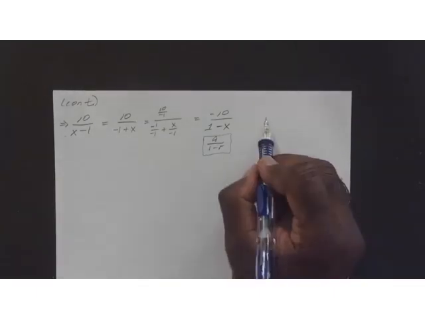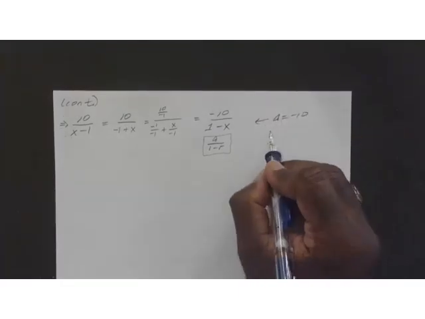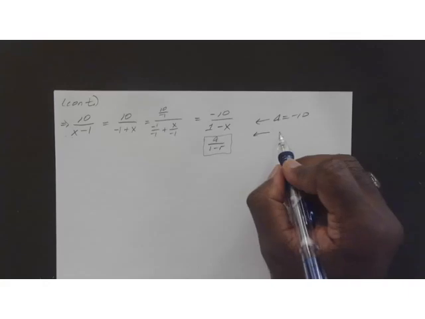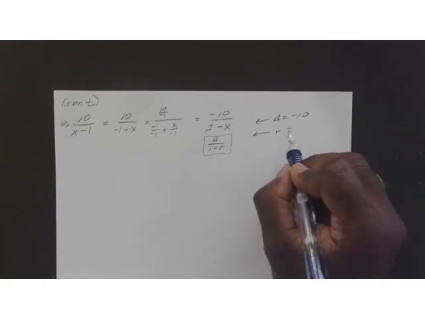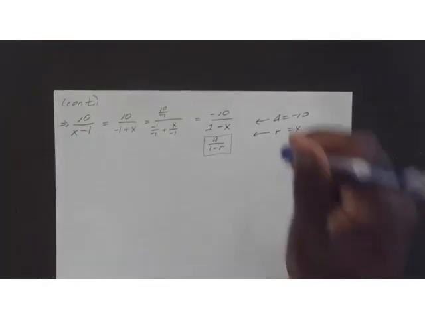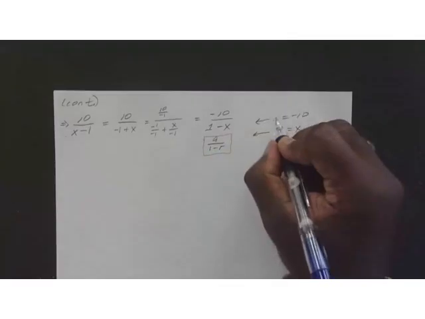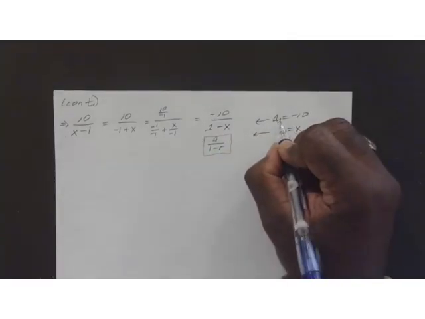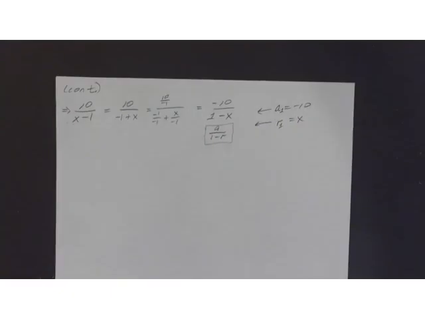So for this one, we see that a is equal to negative 10, and r is equal to x. And because we're using two of them, I'll say a number 1 and r number 1 just to separate the two. Because we have two separate functions that we're converting to a power series, just to avoid confusion.